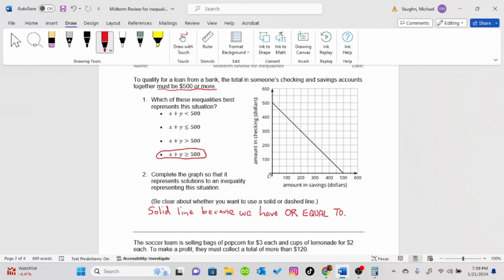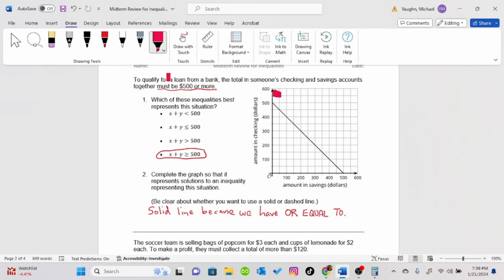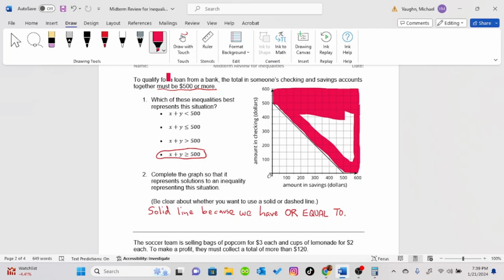So we're going to leave the solid line and we're going to color everything above the line because this would be the region where we have more than $500, and the line itself would be the region where we have exactly $500.